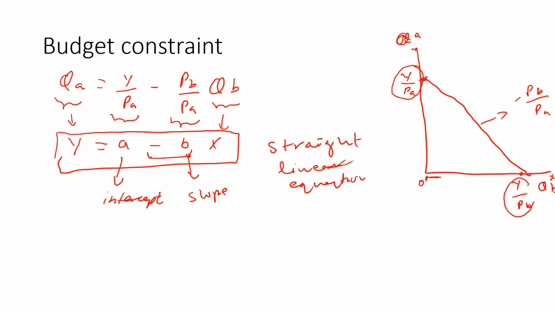Similarly, y over PB, the intercept term on the x-axis, shows us how much maximum of bananas we can consume if we are not consuming any apples. So in 1000 rupees or whatever the budget, we'll be able to consume this much amount.